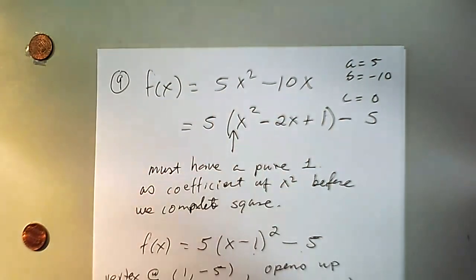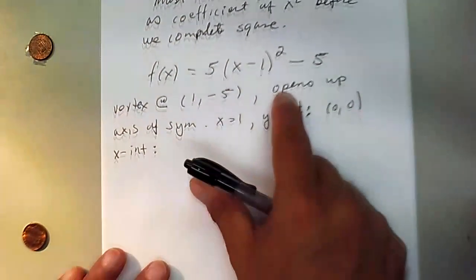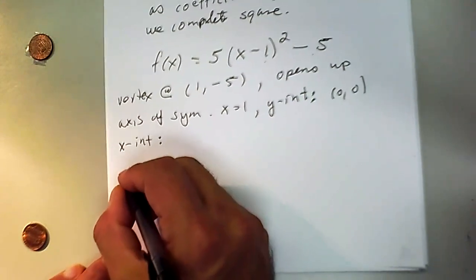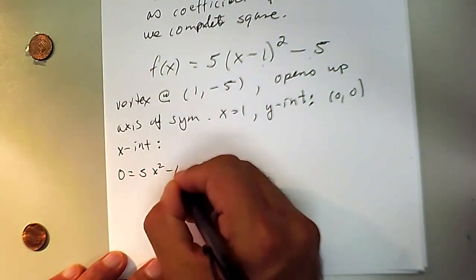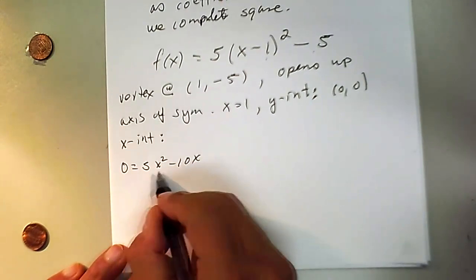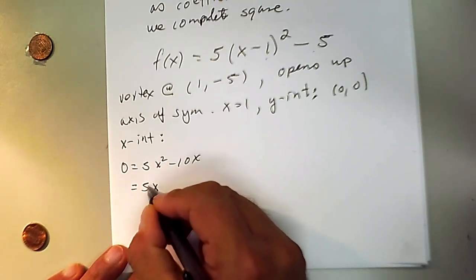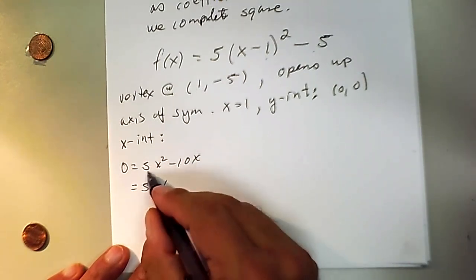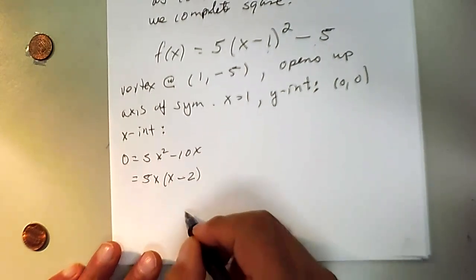Let's just do it. There's a little bit of work involved. So 0 equals 5x squared minus 10x. Factor as much as you can. So 5x, and then 5x.